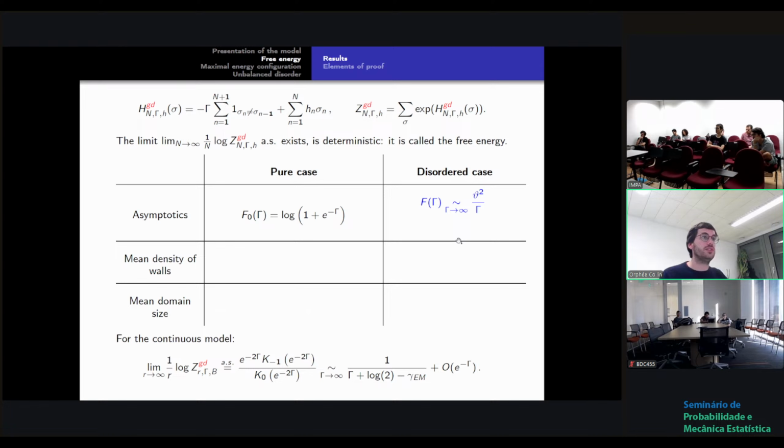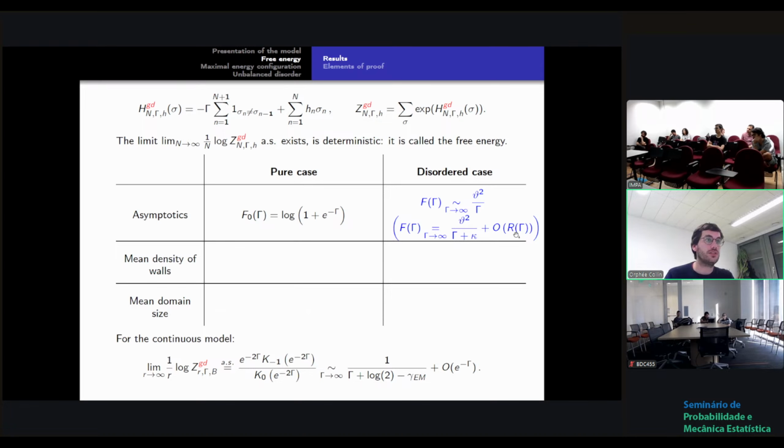In fact, in the disordered case, but for the discrete model, we're going to obtain something quite similar. So under great generality, we're able to show that the decay is like 1 over gamma. And in fact, under integrability and regularity assumptions on the disorder law, we have this expansion with a rest which depends on the integrability assumptions.